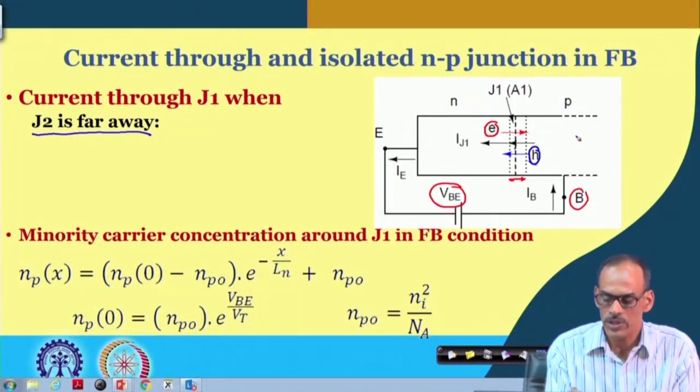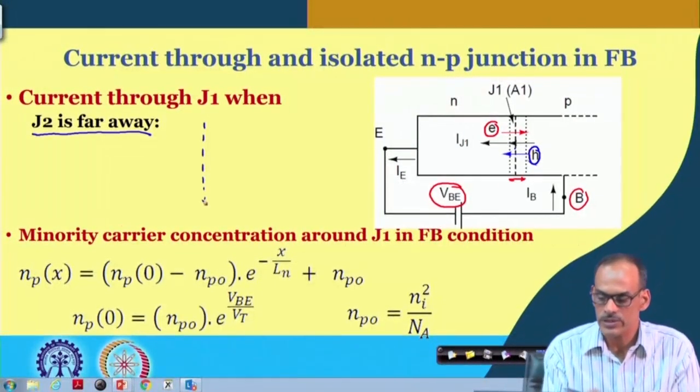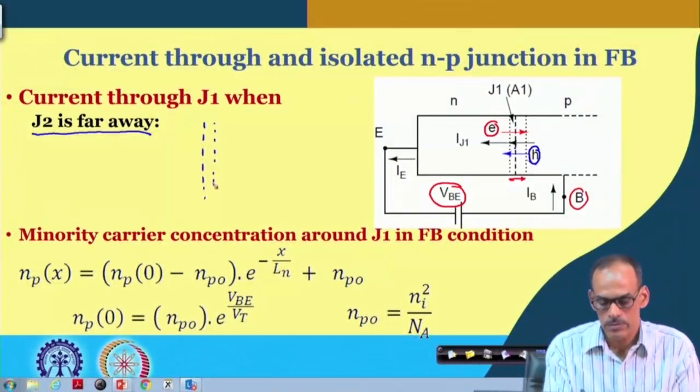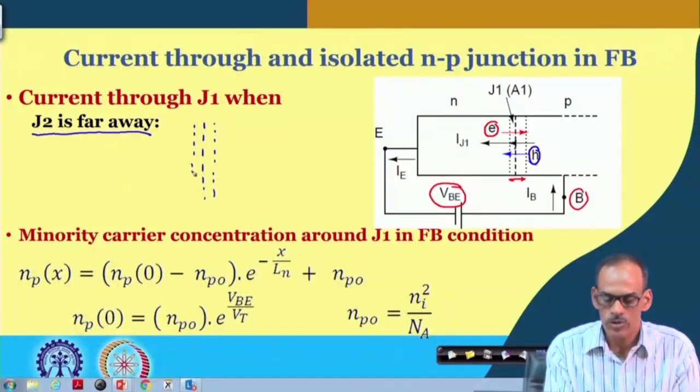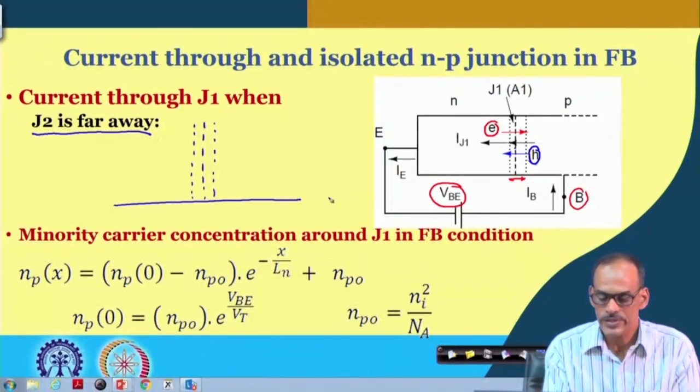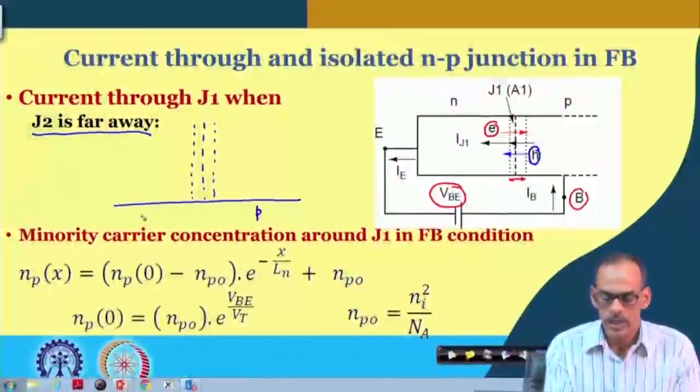So, it may not really influence this minority carrier concentration. Suppose this is the metallurgical junction, and it may have a significant depletion region around it, but of course it depends on the amount of bias. On the right side we have the base region, so this is the P region and this is junction 1, and on the left side we have the N region.